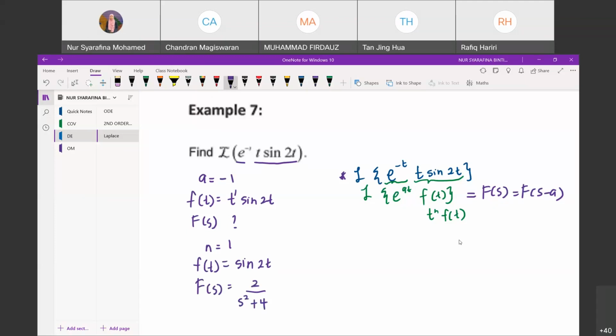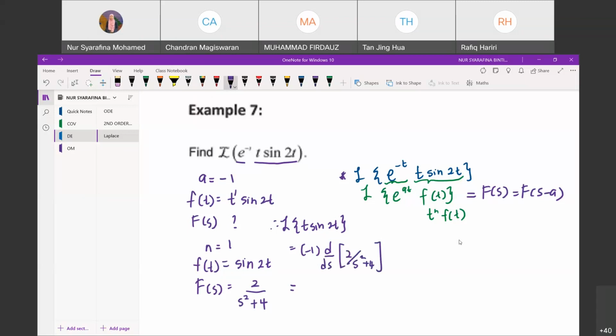Then the transform of t sine 2t becomes minus 1 to the power of n, where n equals 1, differentiate d^n F, which means differentiate it once, where F equals 2 over s squared plus 4.